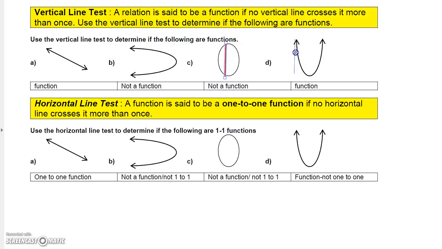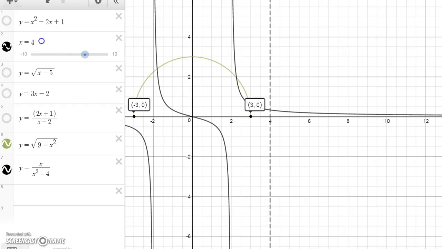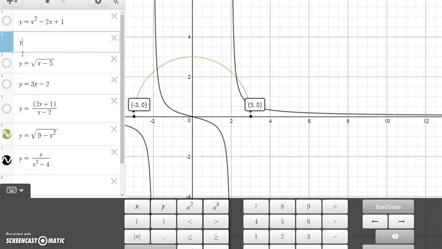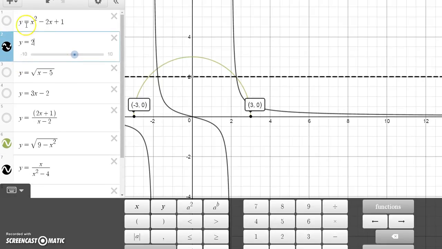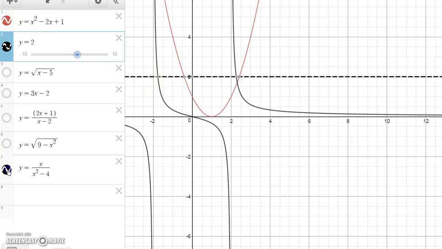Now real quick, the horizontal line test will tell you whether a function is one-to-one. And let me show you that. I need a horizontal line. So let's say y equals 2. We'll start off with that. And let me turn on one function here.